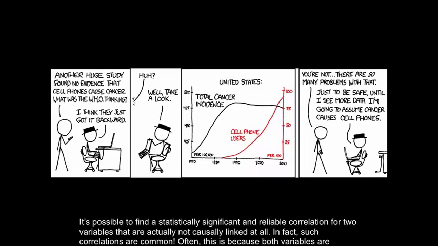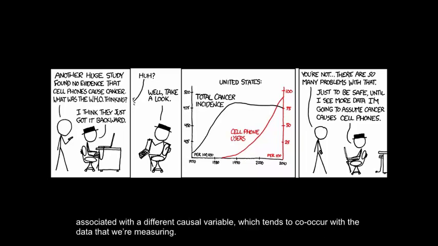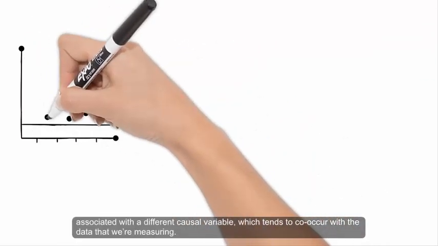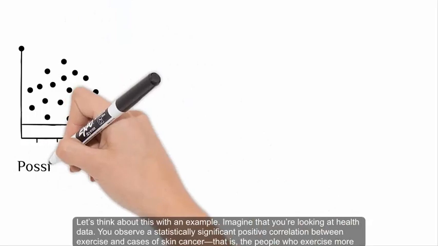In fact, such correlations are really common. Often, this is because both variables are associated with a different causal variable, which tends to co-occur with the data that we're measuring. So let's think about this with an example.